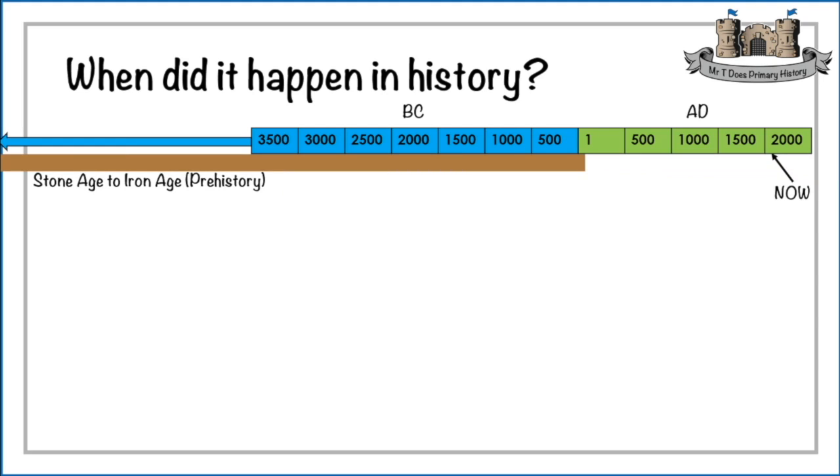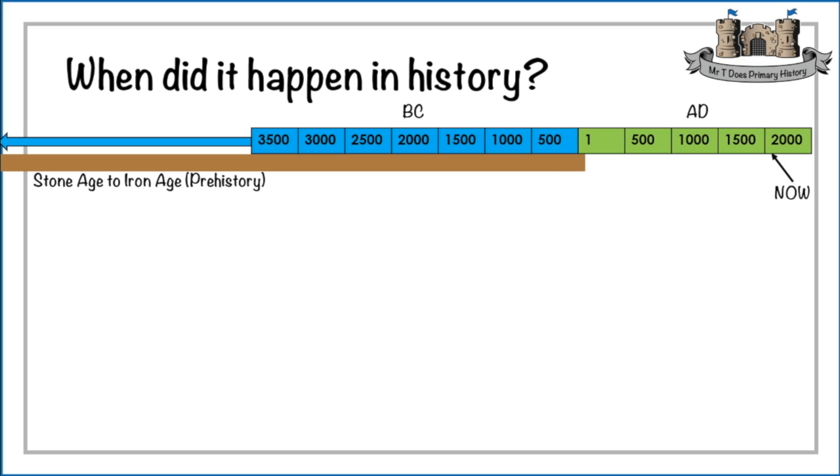You'll notice that the bar goes all the way to the edge of the screen. It would go far further than that, but I don't have space on my monitor because otherwise the scale would be enormous. The arrow on the end of the BC section of our timeline is really important because it's a reminder that history keeps going beyond what I can show into the past. Millions and millions of years.